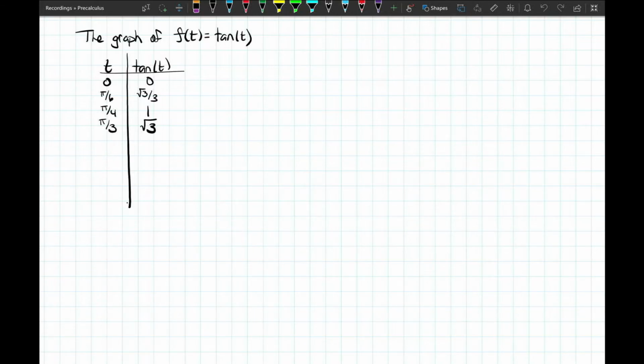At pi over 6, using y over x, or sine over cosine of t, then we end up with root 3 over 3. And tangent of pi over 4 is 1, since the x and y coordinates are the same. Tangent of pi over 3 is root 3. Now it gets a little bit tough, because when we try to plug in t equals pi over 2, tangent is undefined.